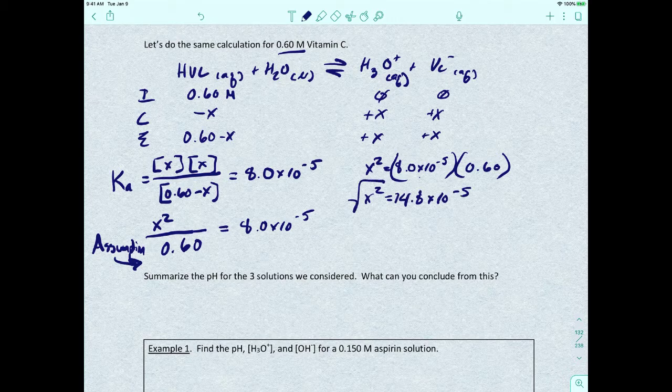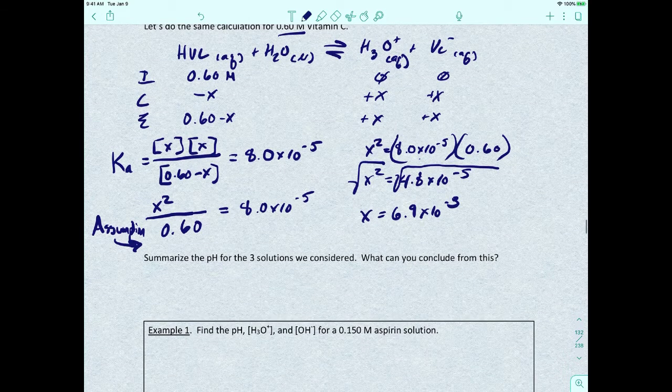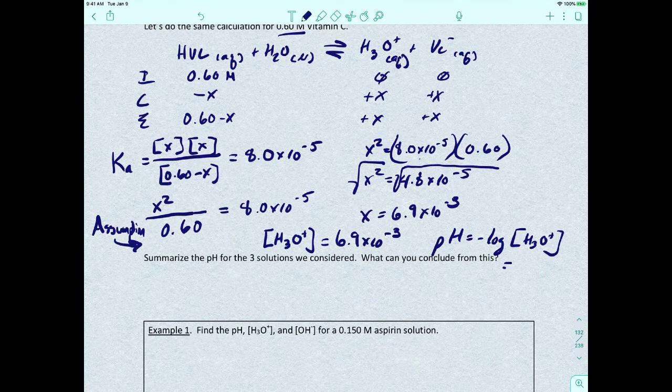And if we take the square root of both sides, X would be equal to 6.9 times 10 to the minus third. So that means that the concentration of H3O+ would be that value, 6.9 times 10 to the minus third. And if we take the pH of that, which is equal to the negative log of the concentration of hydronium ion, the pH would be 2.16.